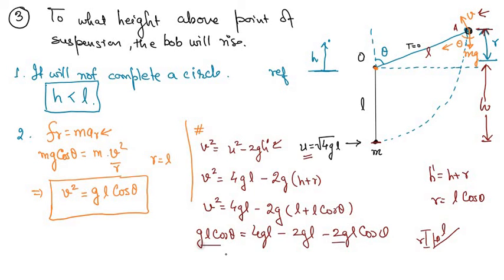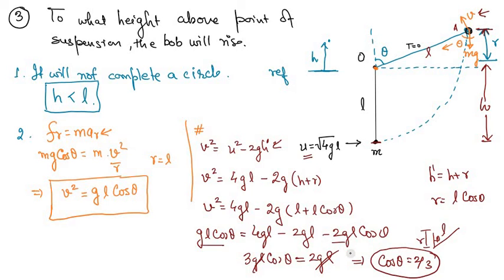So this will become 3gL cos theta equals 4gL minus 2gL, that is 2gL, since 4 and 2 will combine. gL will cancel. This implies that your cos theta will be equal to 2 by 3.